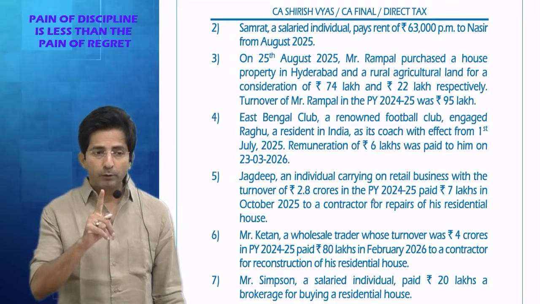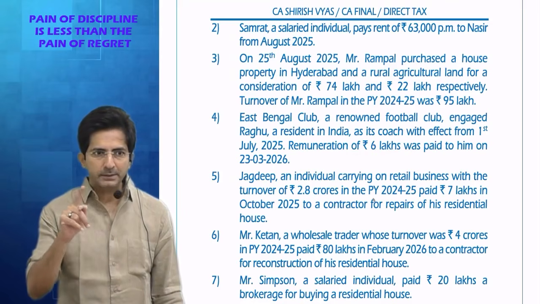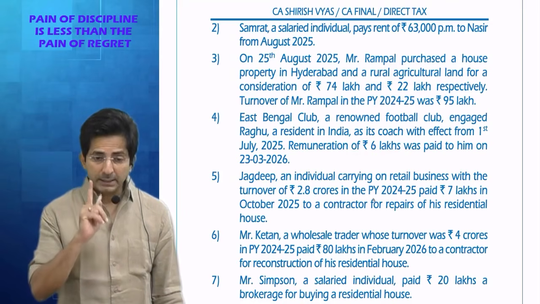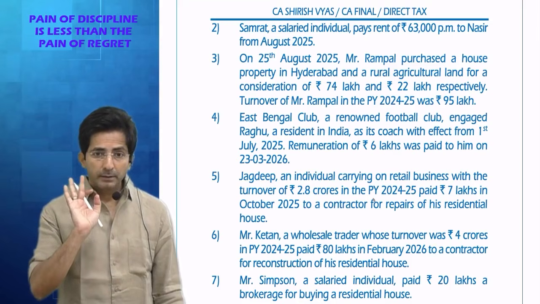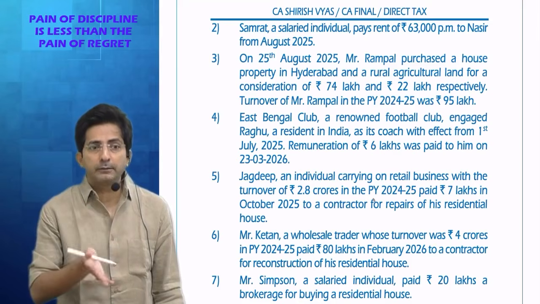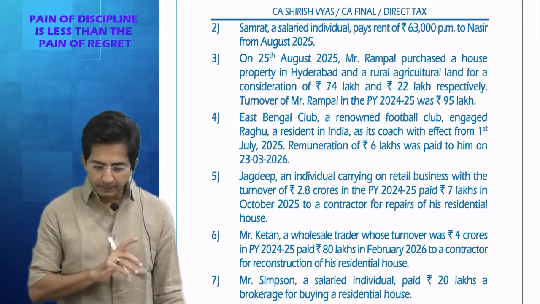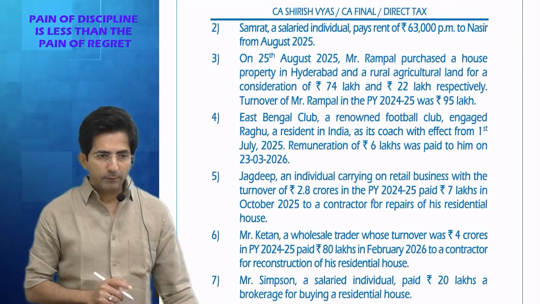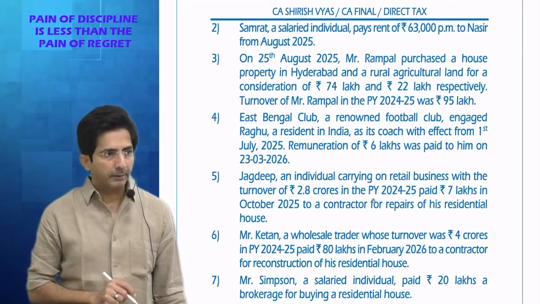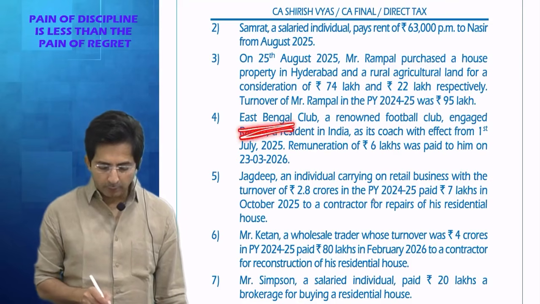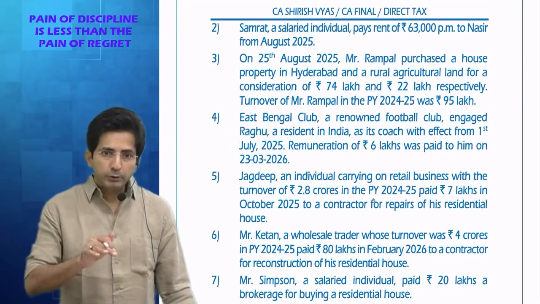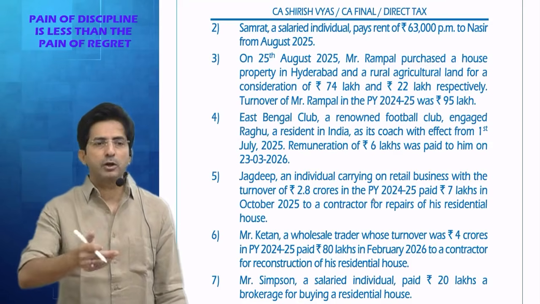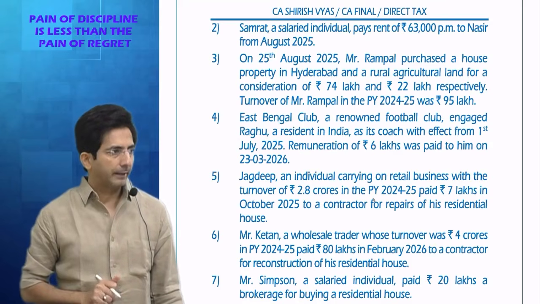But see, be careful. 194J is from the family of Rachis. Whenever a Rachis section comes, make sure you verify the payer. If by chance it is a small individual HUF, TDS will not apply. So do you agree this is from Rachis? It is from Rachis, so you have to check the payer. The payer is East Bengal Club, so it's not an individual HUF. If it would have been a small individual HUF, then TDS will not apply.